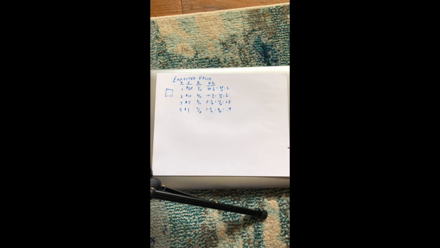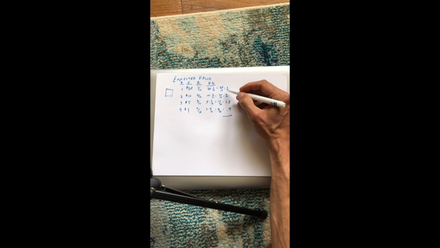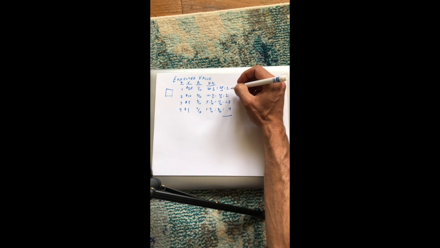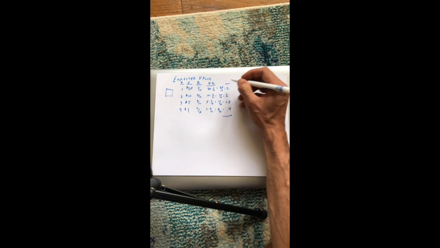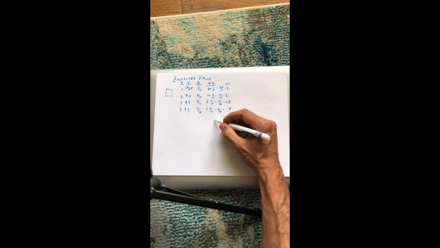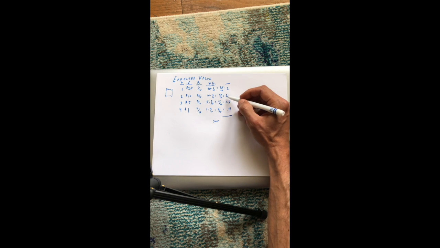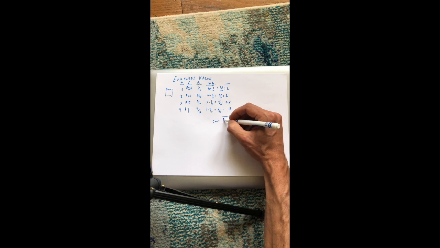There we go, great. And then we sum these up. We take the sum of all these values. So it's 2 plus 2 plus 1.5, that's 5.5, plus 0.4, so it ends up being about $5.90.